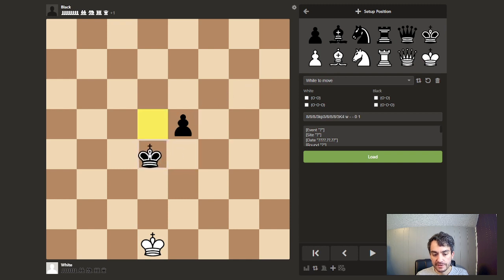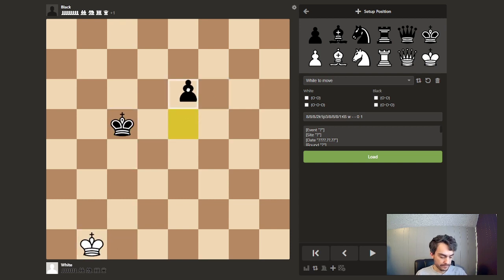And once he does, whenever he steps up, whether it was back here or here or here, we step in front of the king. So if he stepped here, we step here. If he had stepped here, we can step here. So just going back again, make sure I have the pawn in the right square originally.